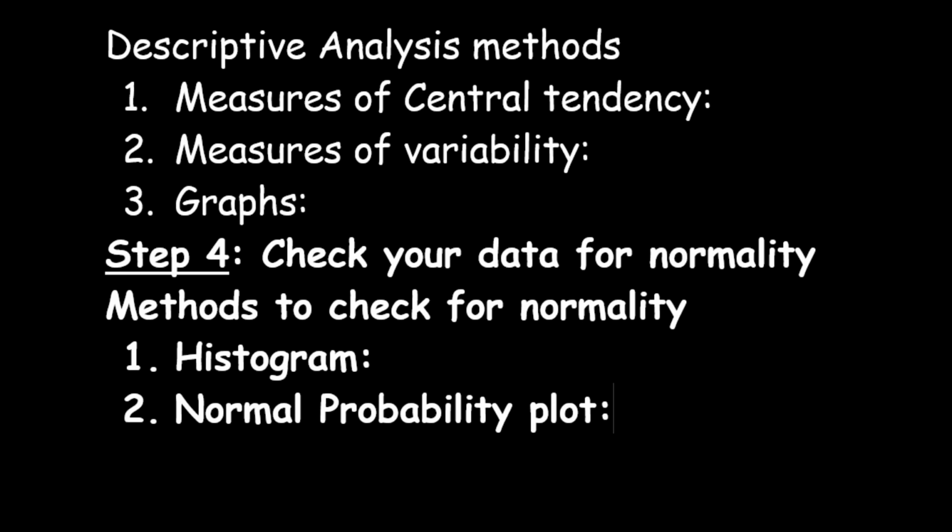The normal probability plot is a graph that compares the distribution of a variable to a normal distribution. If the points on the graph fall close to a straight line, the data may be normally distributed.